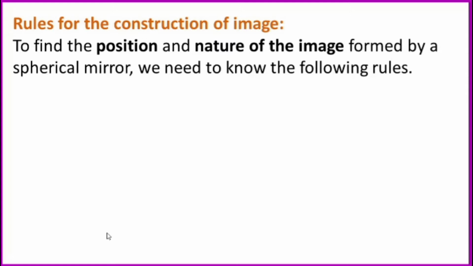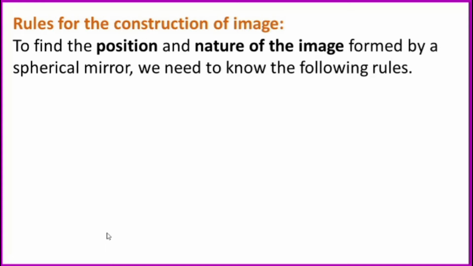It is always inverted and it can be produced on a screen. A virtual image is formed when the light rays coming from an object do not actually meet but appear to meet when produced backwards. It is not a real image. It cannot be caught on a screen.